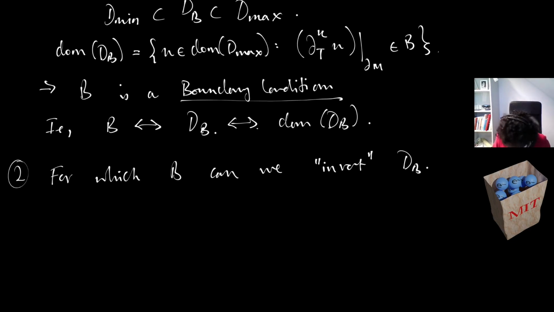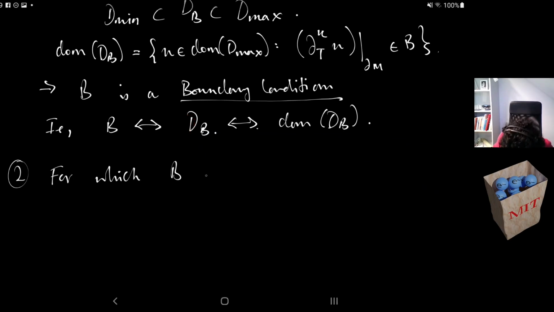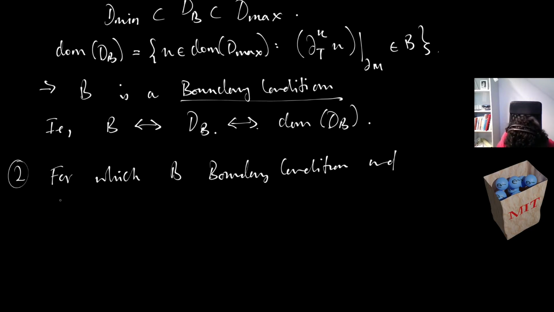So I should say, for which B, and I should say for which F. Okay, so for which B boundary conditions, and for which F in L2, so that might again be some subspace. Okay, so now the F are some sort of a subspace in L2.